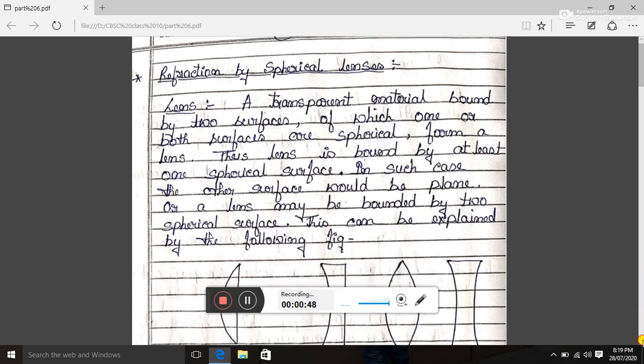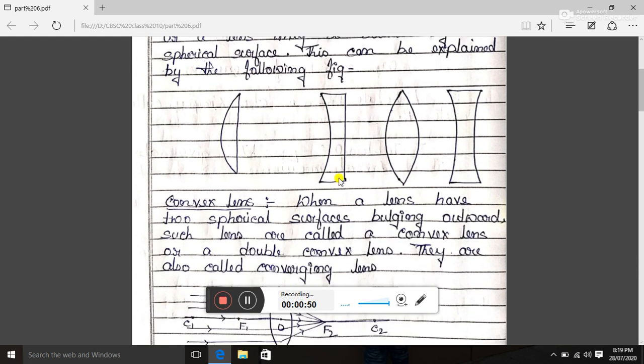So what is a lens? A lens is nothing but a transparent medium in which one side is a spherical surface and the other side can be a plane surface, or both sides can be spherical surfaces.